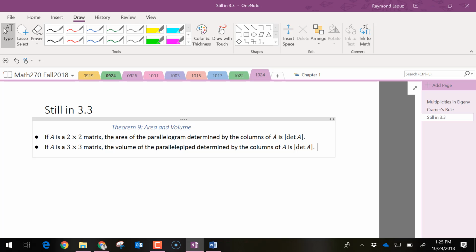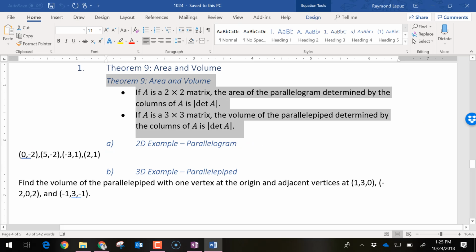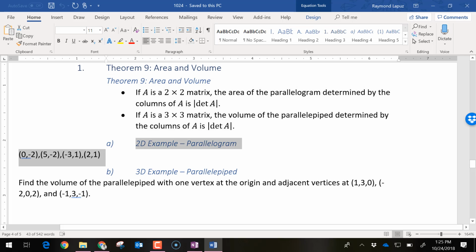So, given two vectors, you can find the area of the parallelogram by setting the vectors as columns and finding the determinant, which is pretty interesting, I think. It's nice and simple. For that, let's do an example. We might even get a visual if we stay in 2D.